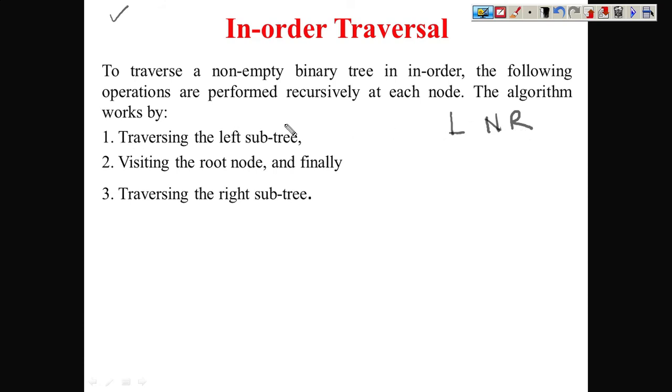So traversing the left subtree, then visiting the root node, and then finally traversing the right subtree. These are the three things that we have to do when we talk about in-order traversal. So let's see how it can be implemented by using one example.